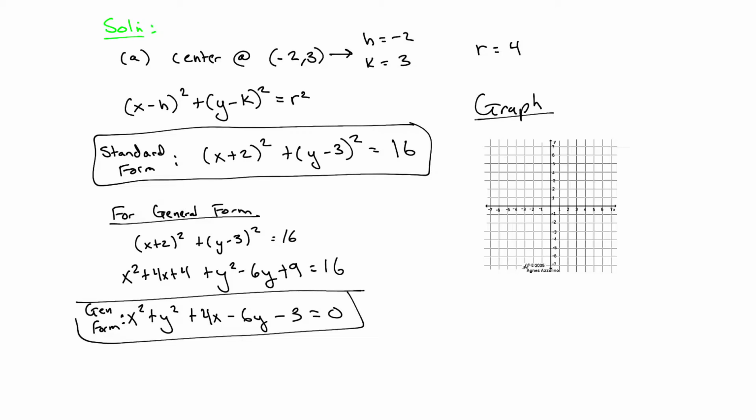So we need to plot our center, which is -2, 3, right there. And then we'll move 1, 2, 3, 4, and right there, right? 1, 2, 3, 4. 1, 2, 3, 4.